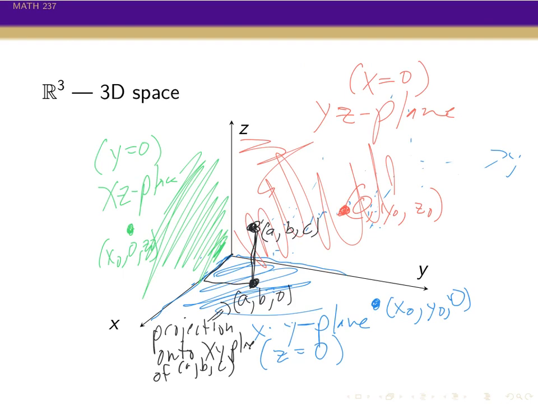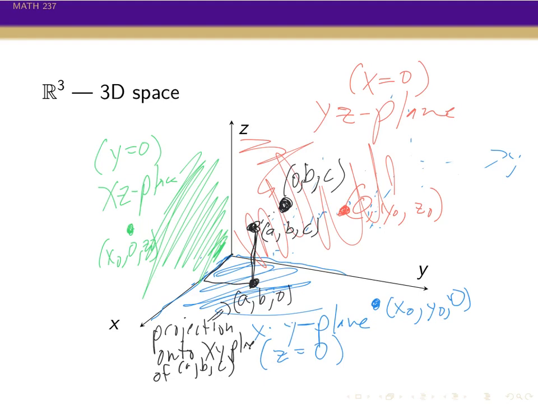Similarly, we can talk about its projection onto the yz plane. We're going to force the x coordinate to be equal to 0. Call that (0, b, c).